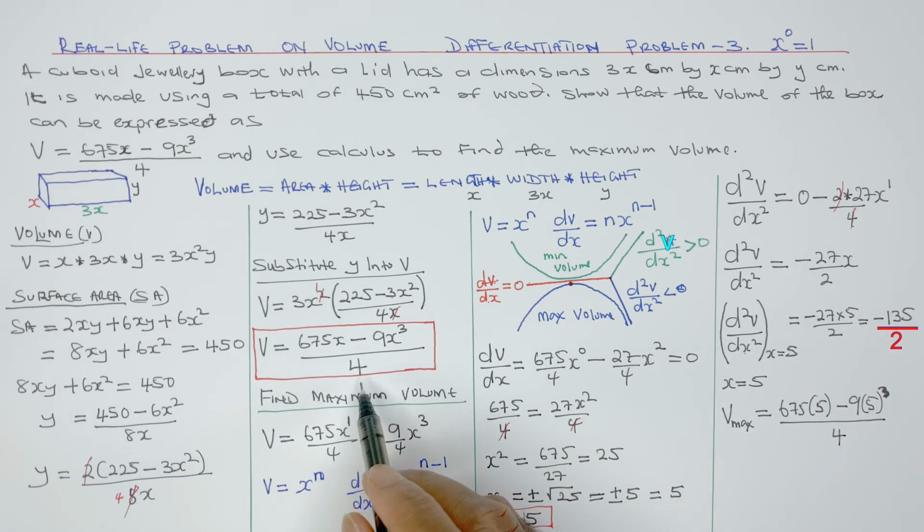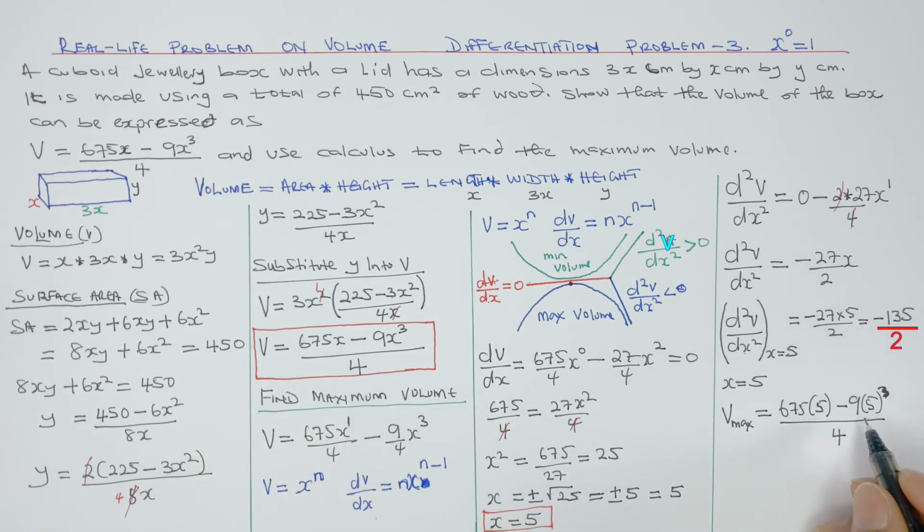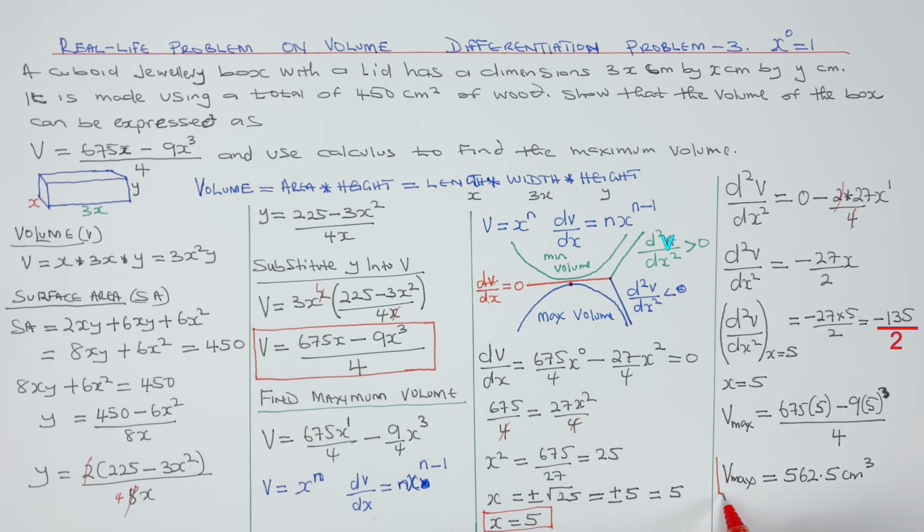So that's what we're doing now. We're finding the volume. And when you plug that into your calculator, V max will be 562.5 centimeters cubed. That's the maximum volume.